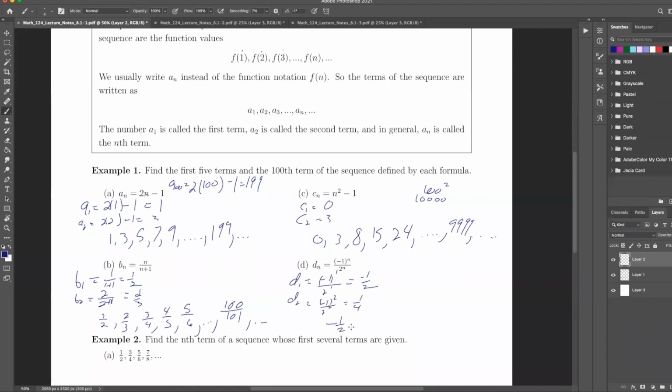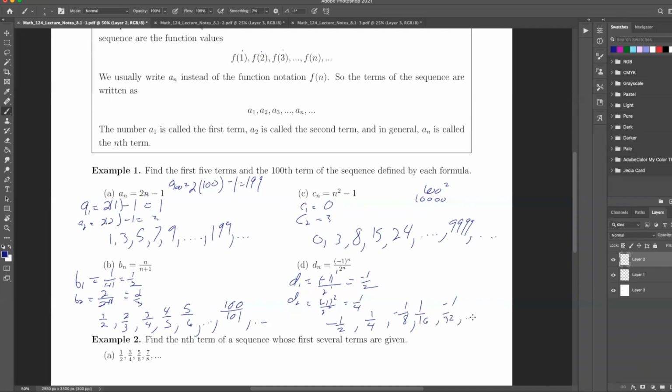Here, if it was the third power, it'd be negative up top, and then 2 to the third power, so it'd be -1/8. We call this an alternating sequence where it's positive, negative, positive, negative, right? The next one would be positive 1/16. The next one after that would be minus 1/32.